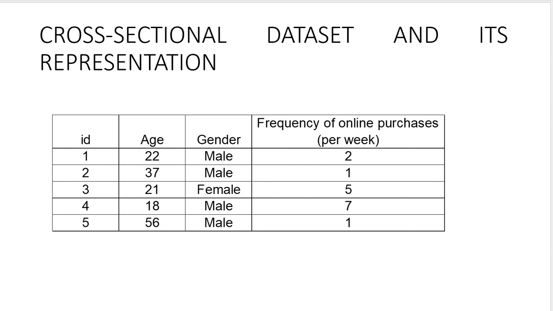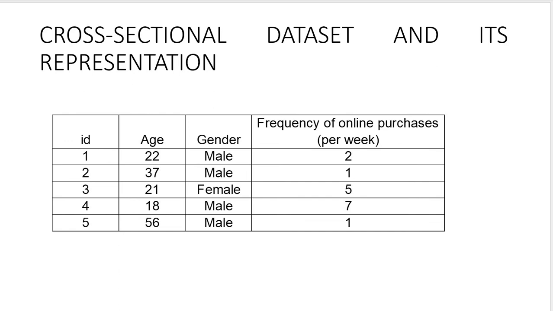And typically, this is how you represent data for cross-sectional analysis. So keep in mind you have ID in the first column. Again, it should be in column. If you put ID in a row, then software will fail to interpret your data properly. And you have several variables.